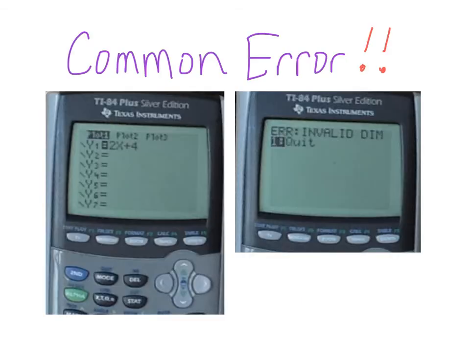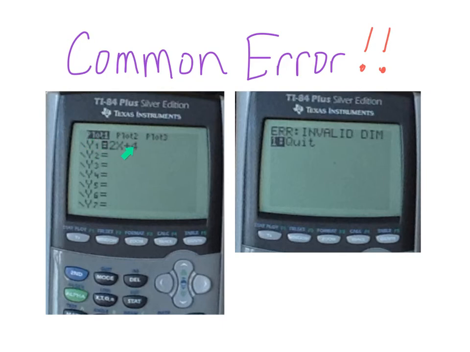When you start playing with turning on your plot and seeing what data points look like, there's a common error that happens all the time. What happens is you've finished working in StatEdit, you've taken out all your data points, and you've put in a whole new equation, something totally different. You're working on something different, but you forgot to turn off your plot.